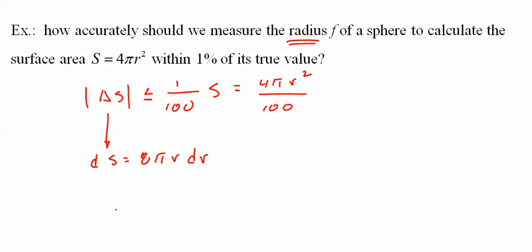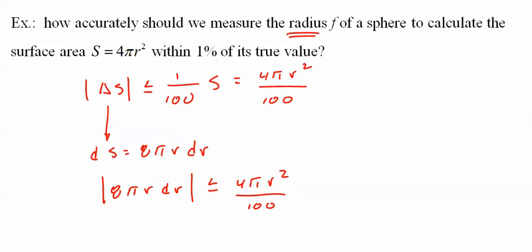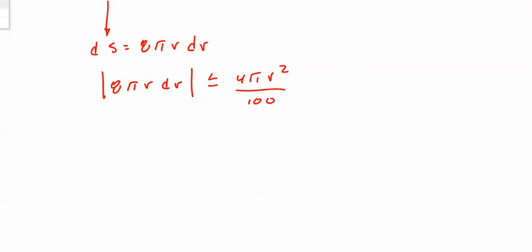So we plug it in: 8 pi r dr less than or equal to 4 pi r squared over 100. Divide by 8 pi r.